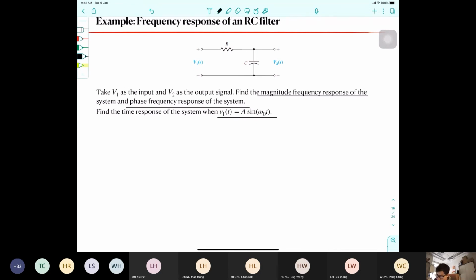So what is the transfer function of the system? We have one loop, right? Here is the input. Input is V1, right? Output is V2.